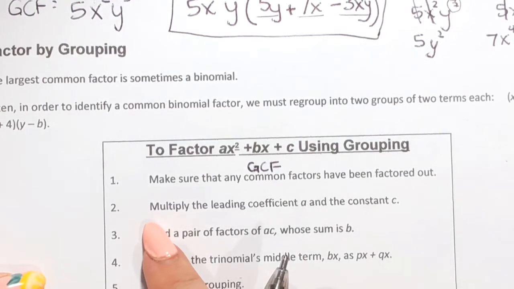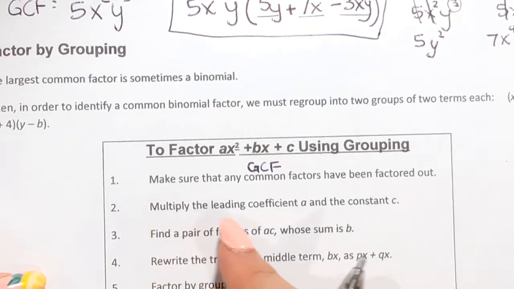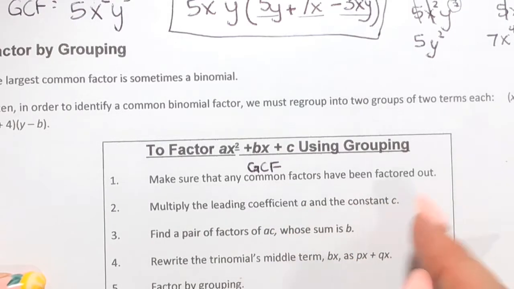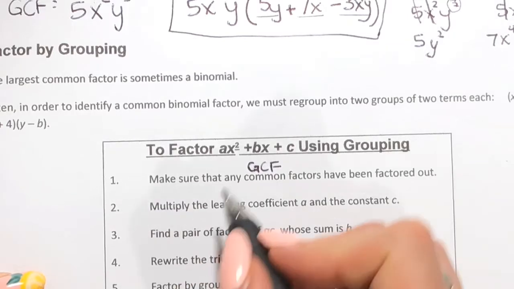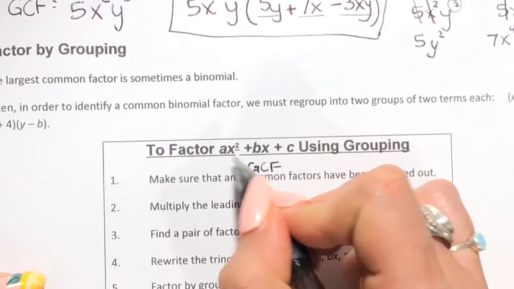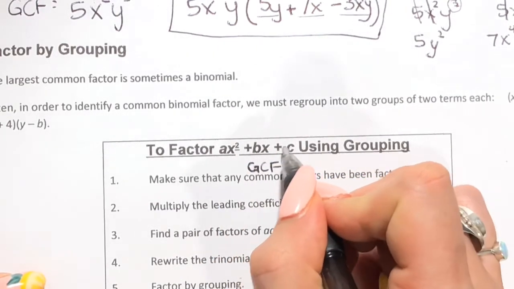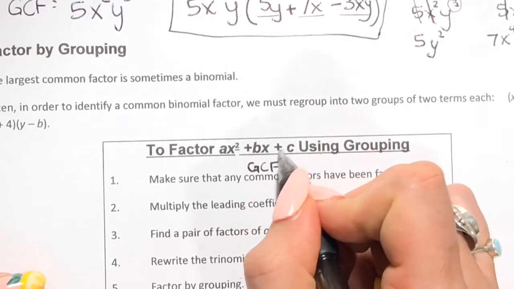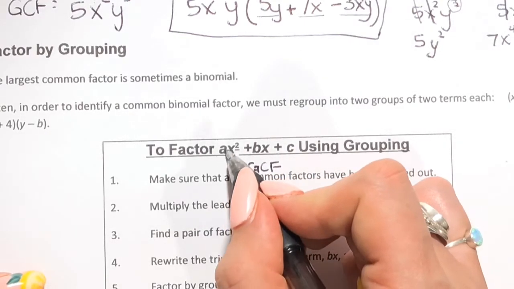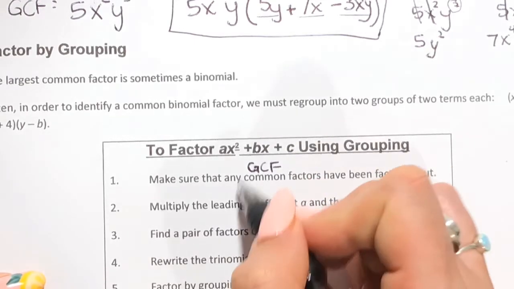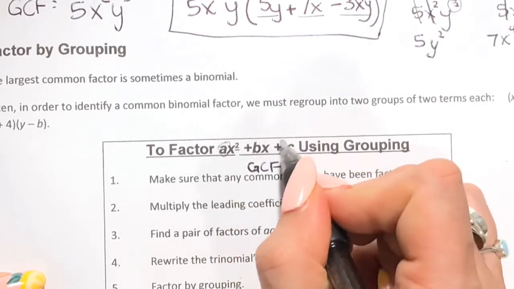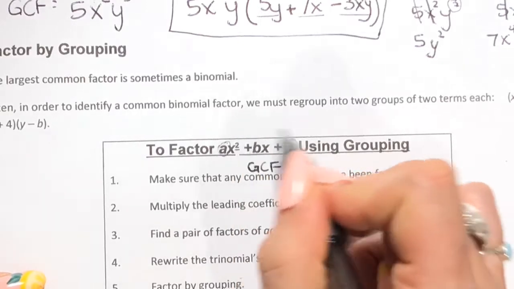Step 2 is you're going to multiply the leading coefficient A and C. This is for doing a trinomial. We use this little format, ax squared plus bx plus c, whenever we use trinomials, where these letters A, B, and C are going to just be your numbers. So step 2 is you're going to take that first number A and that last number C, and times them together.